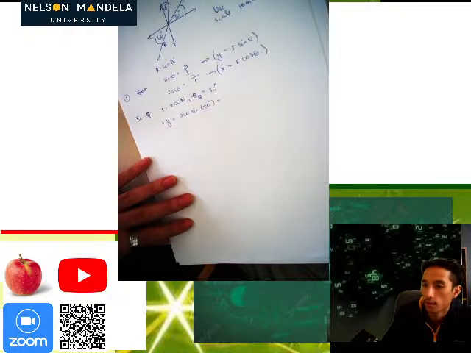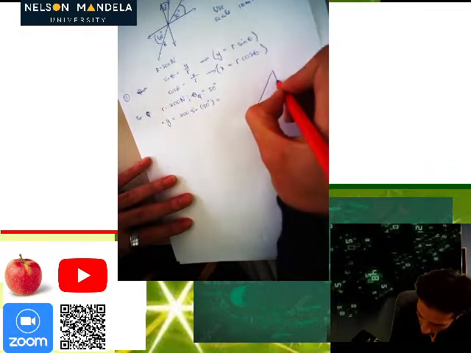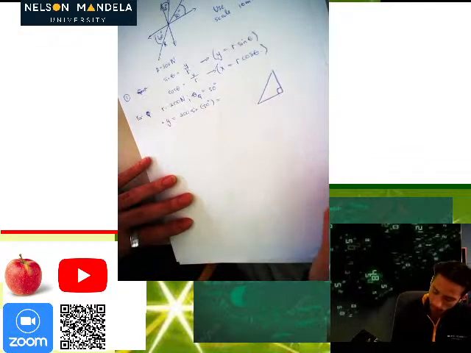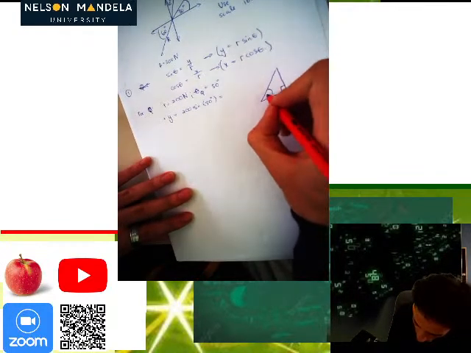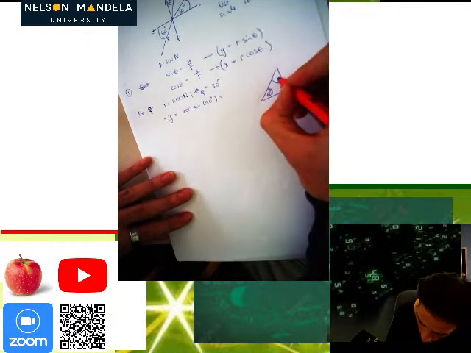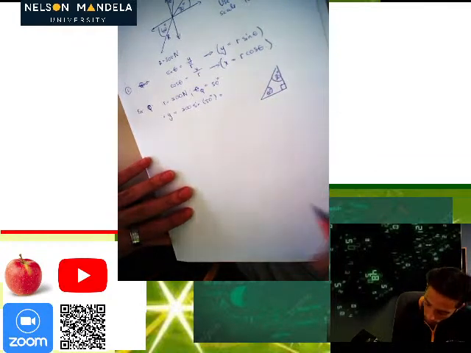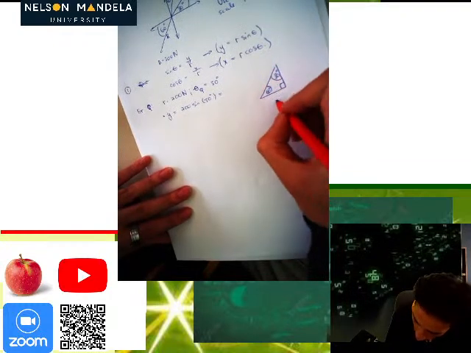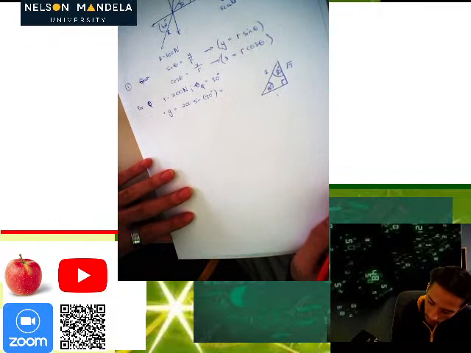In this instance we can use special angles. If you consider the right angle triangle, we know this angle is 60 degrees and this angle is 30 degrees for the special triangle, with sides 1, 2 and root 3.